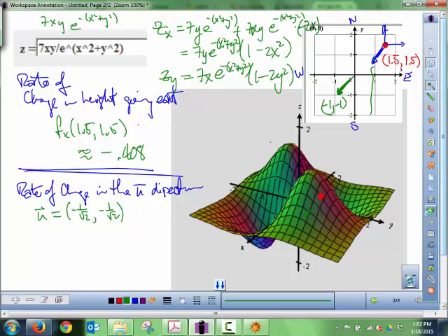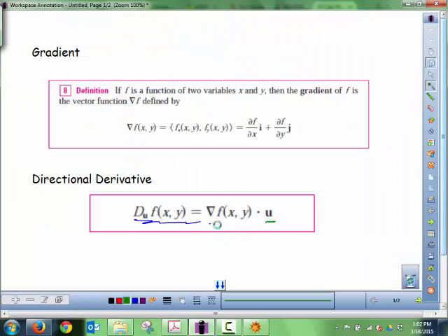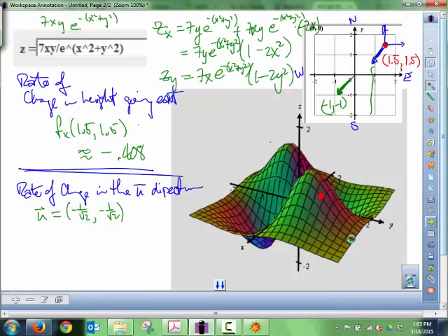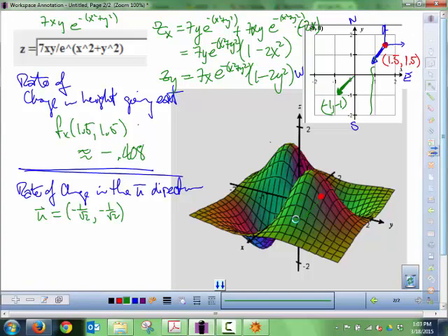And according to the formula, we're going to take the gradient and we want to evaluate it at the point 1.5, 1.5. And then we're going to dot it with u. And that should tell us how our height changes as we move along u. Okay? So what's our gradient? Our gradient looks like it's a big mess over there.